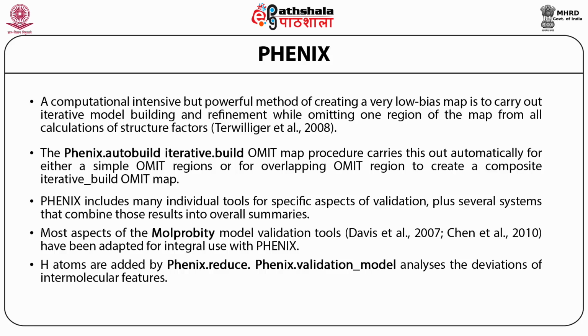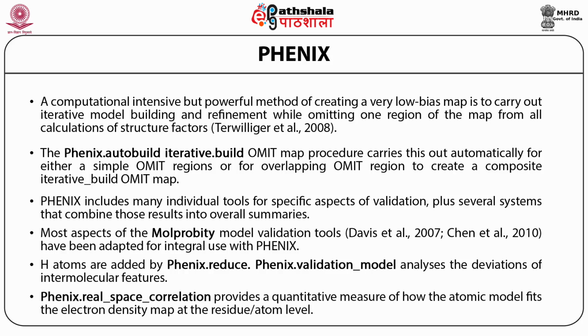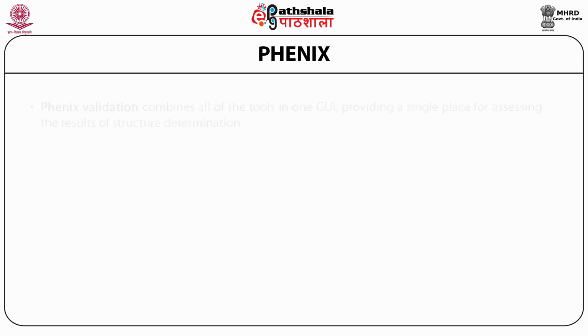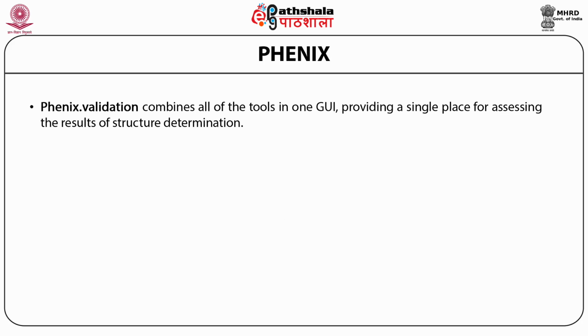Phenix.validation_model analyzes the deviations of intermolecular features. Phenix.real_space_correlation provides a quantitative measure of how the atomic model fits the electron density map at the residue or atom level. Phenix.validation combines all of the tools in one GUI, providing a single place for assessing the results of structure determination.